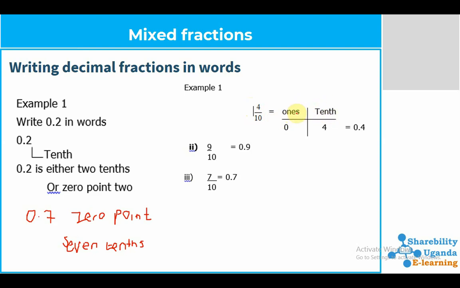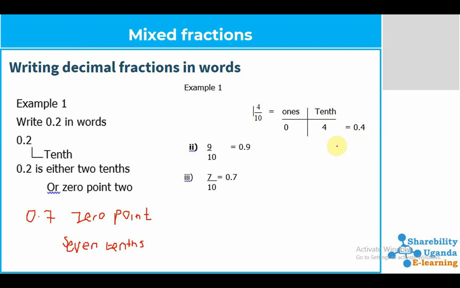That means the point shows where our point is going to be. The value on this side will be in the place value of ones. Then the one on the right hand side will be in the place value of tenths. That's why we can read this as 0.4, or we can read it as 4/10.